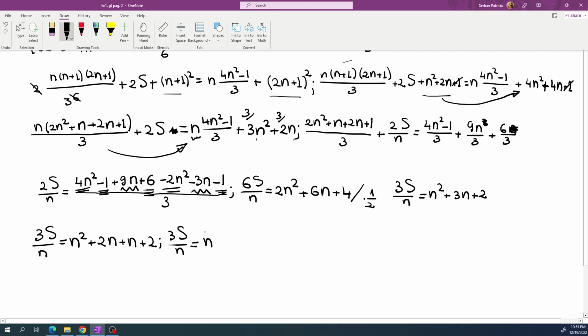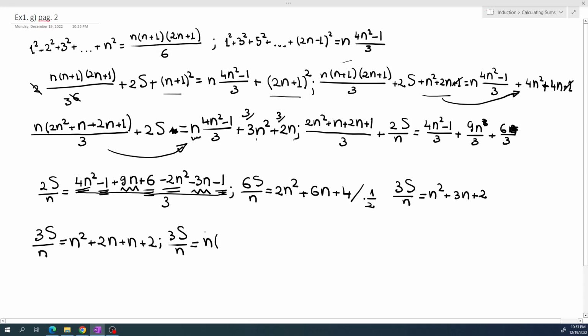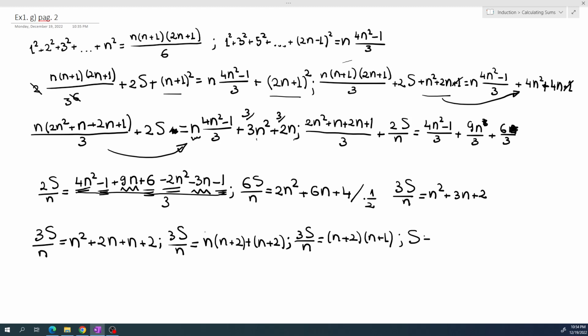So n is equal to n multiplied by n plus 2 plus n plus 2, so 3s over n is equal to n plus 2 multiplied by n plus 1, and I have finally s is equal to n multiplied by n plus 1 multiplied by n plus 2 divided by 3.